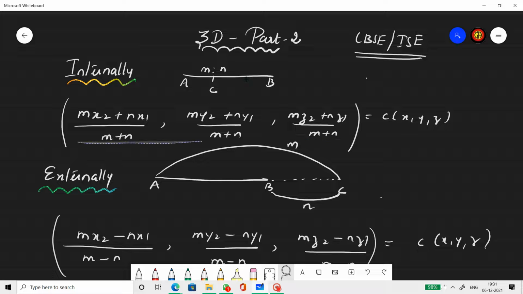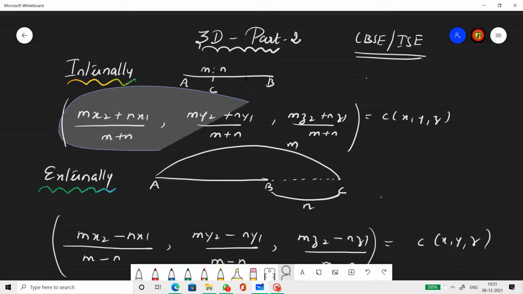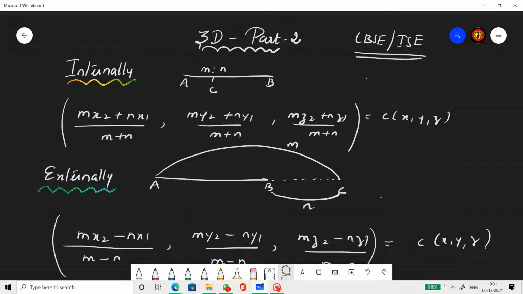You've already learned this in your 10th grade, but it was on two-dimensional space. Therefore, it had only x and y portions. Here we have z also, because this is three-dimensional.